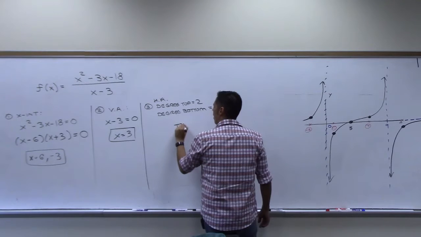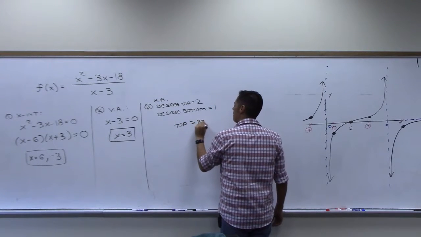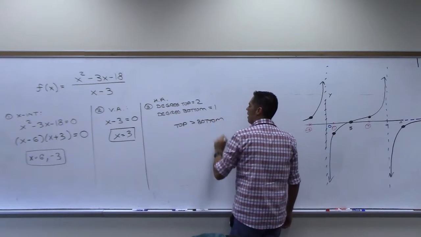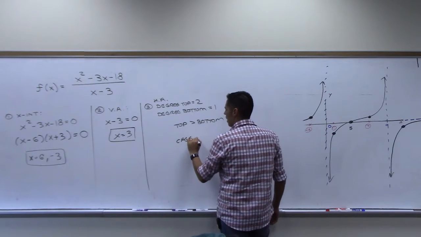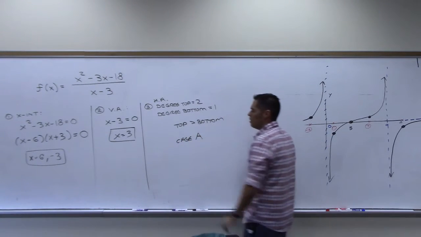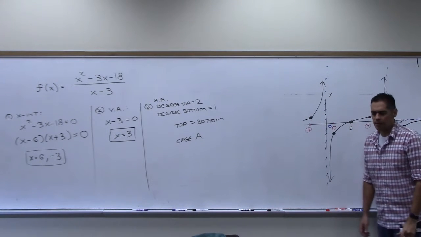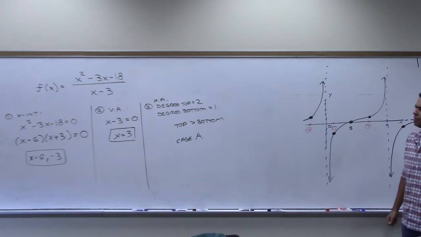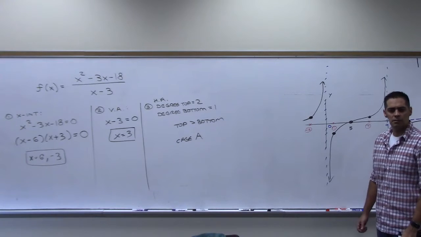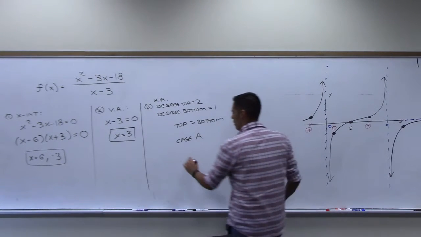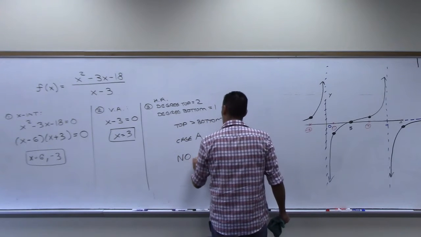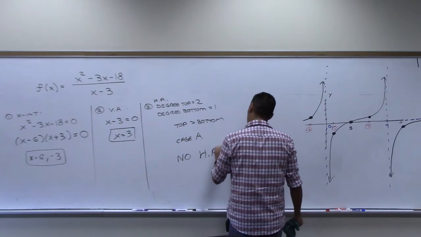And that means the top is bigger than the bottom, right? And what case is this from your notes last class? Is it case A? You sure? Okay. And what did I say happens during case A? There's no horizontal asymptote.